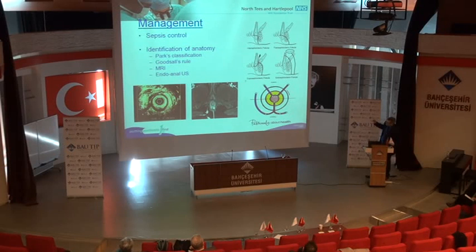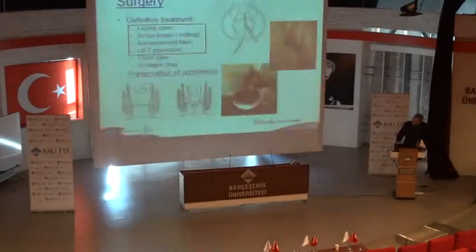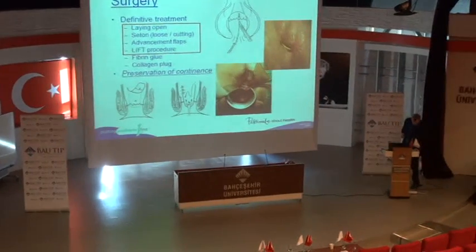It's a posterior horseshoe extension of the fistula, and the external opening frequently does somehow converge to the internal opening in the posterior midline. In addition to our clinical evaluation, we have got the MRI evaluation of collections, which are usually showing up bright yellow on the T2 sequences, and the endo-anal ultrasound scan to detect the tract directions. So these are all helpful methods to identify the anatomy.